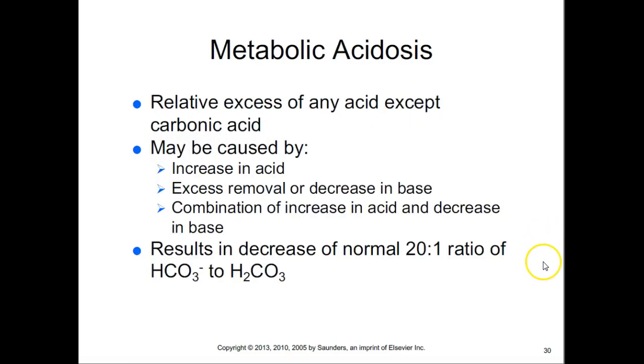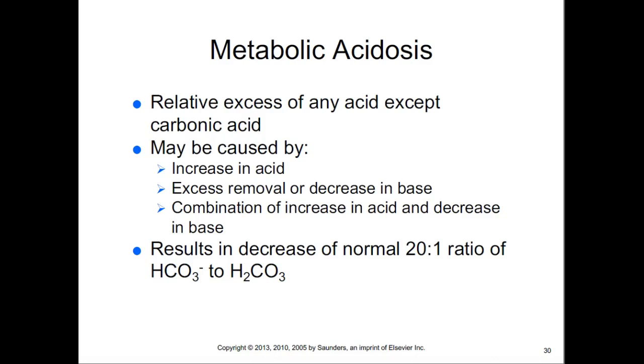So, metabolic acidosis is a relative excess of any acid except carbonic acid, right? It may be caused by an increase in the acid, or the excess removal or decrease in the base, or a combination of increased acid and decreased base.